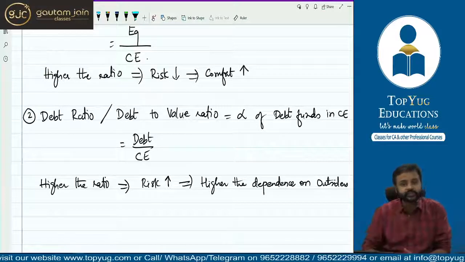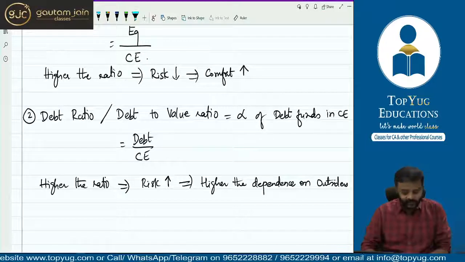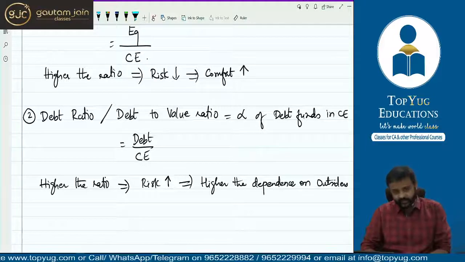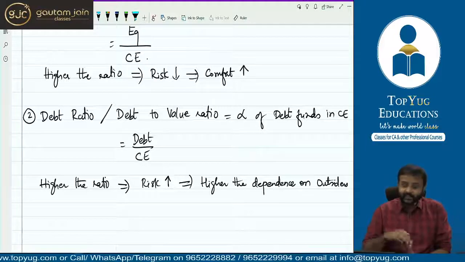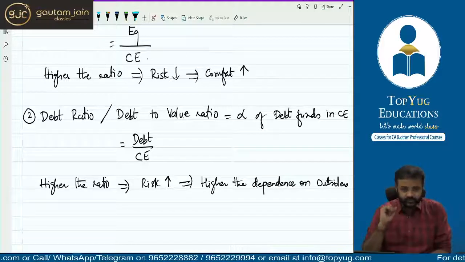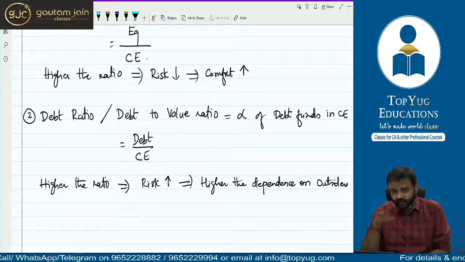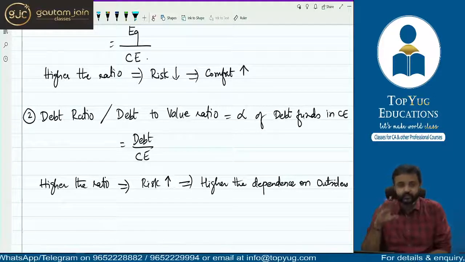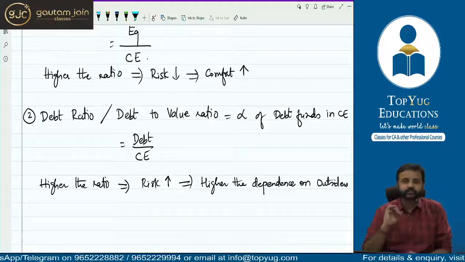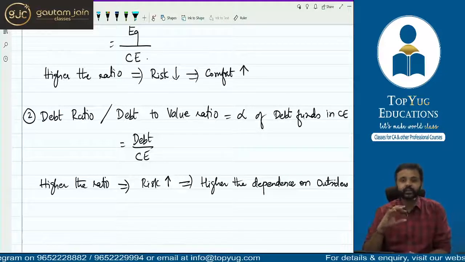We have discussed earlier as well. But then we'll have to increase the debt to such an extent that the risk is also minimized and the cost is also minimized, so that we can meet the objective of financing. Minimize the overall cost, weighted average cost of capital, and minimize the risk as well. So use debt, but to just that extent which will not create more and more burden.